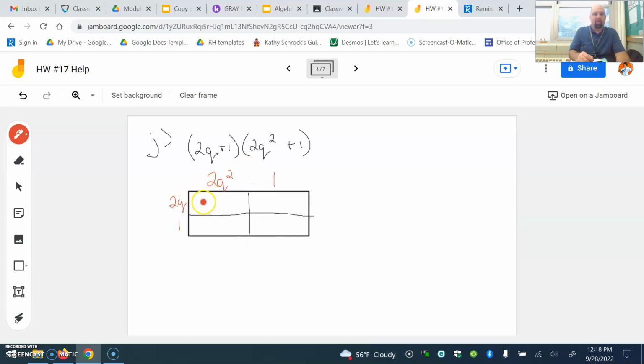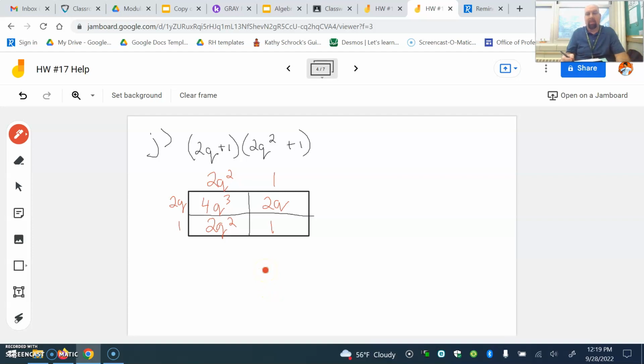2q times 2q squared is 4q to the third power. 2q times 1, well, that's just 2q. I know my q's look a little funny. Sorry. 2q squared times 1, 2q squared. And then 1 times 1 is 1.